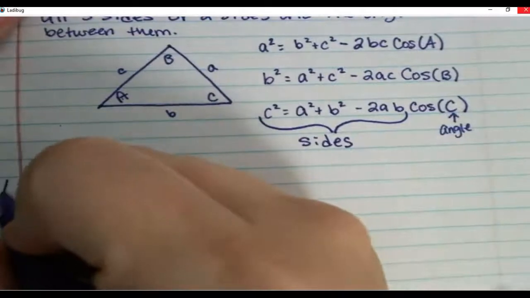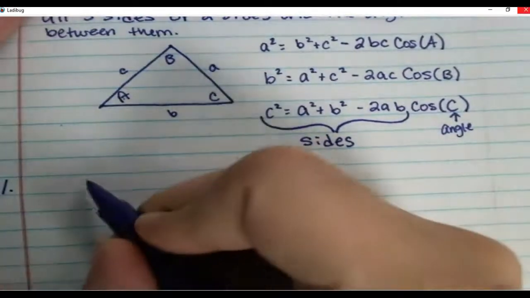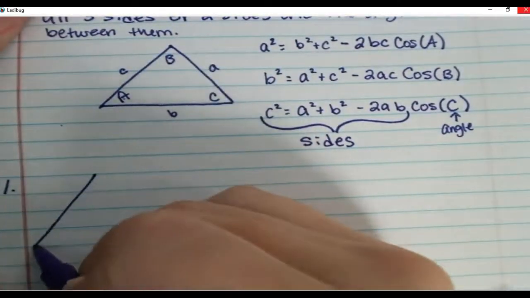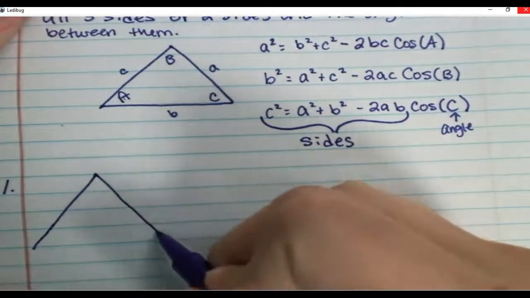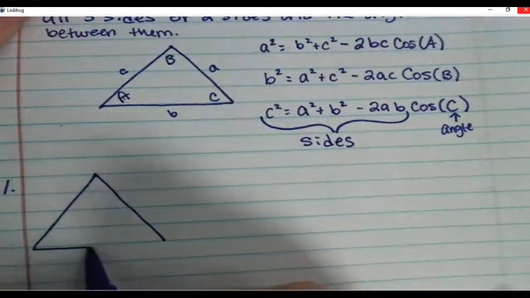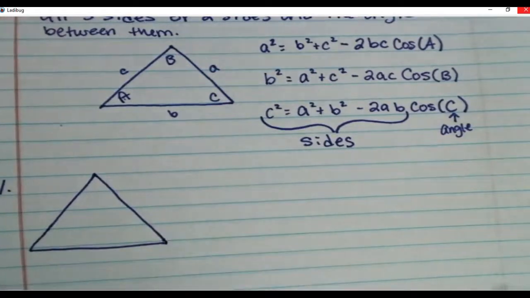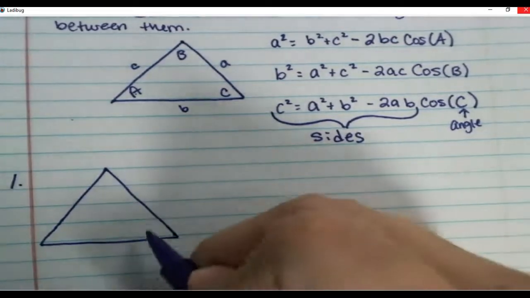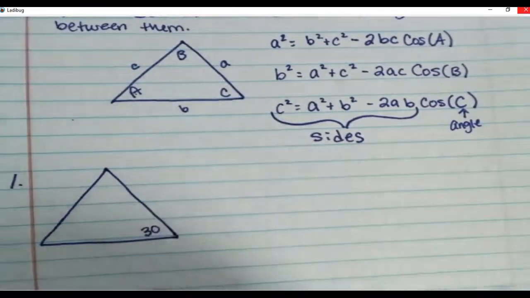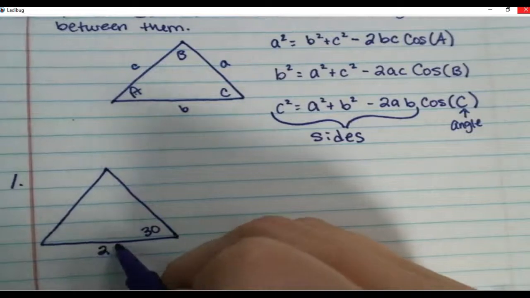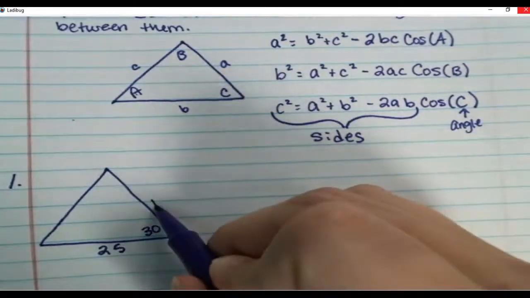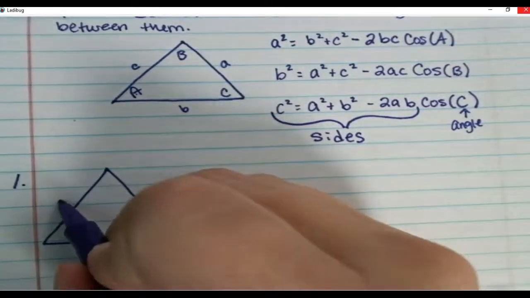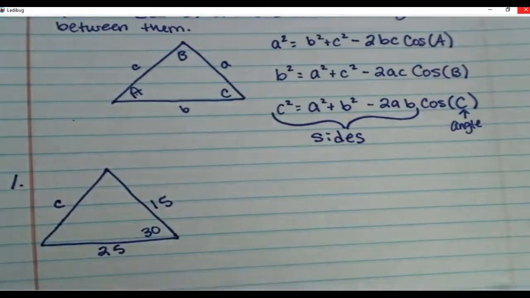Alright, now let's do it. So let's say we have this triangle. And we have our bottom angle is 30. We've got 25 and 15 are our sides, and we want to find this little c.